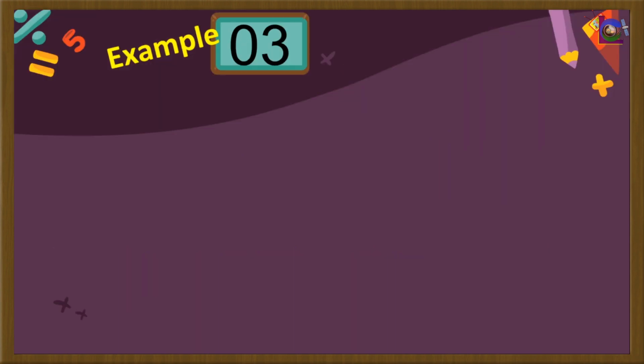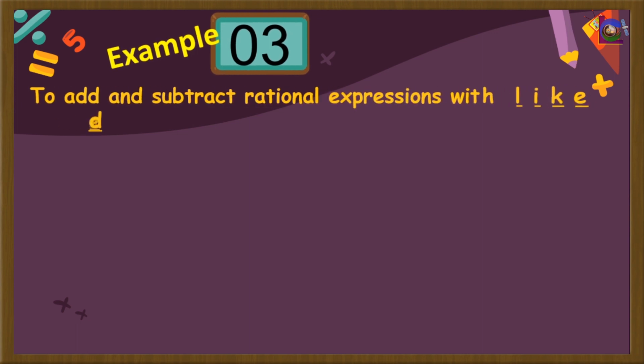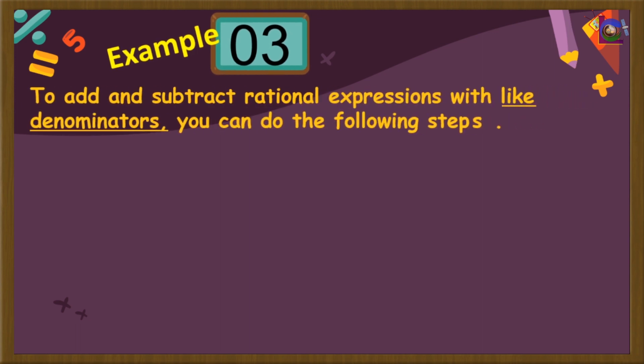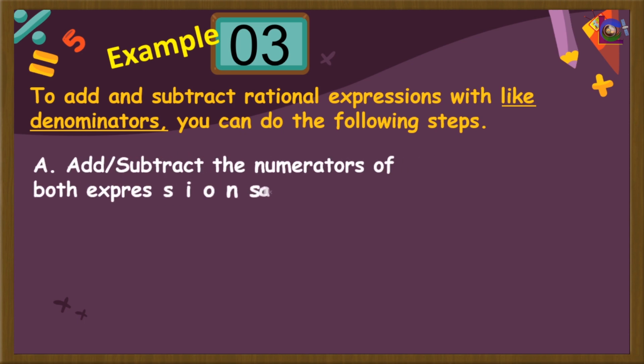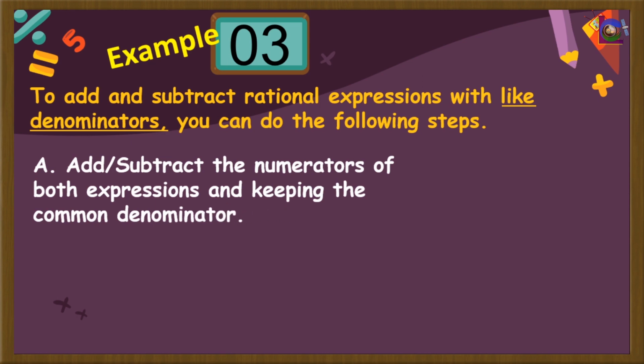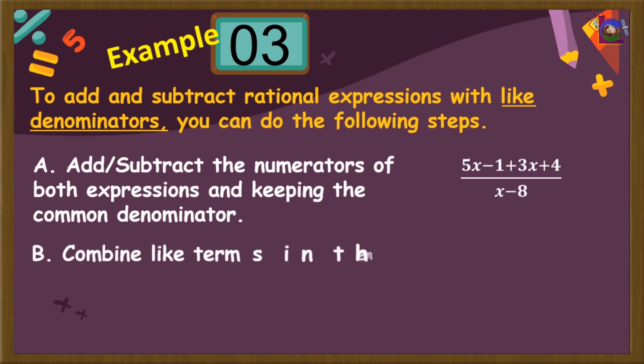Number 3. To add and subtract rational expressions with like denominators, you can do the following steps. A. Add the numerators of both expressions and keep the common denominator: 5x minus 1 plus 3x plus 4 all over x minus 8. We need to combine like terms in the numerator.